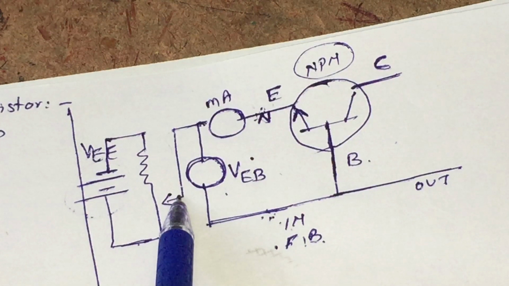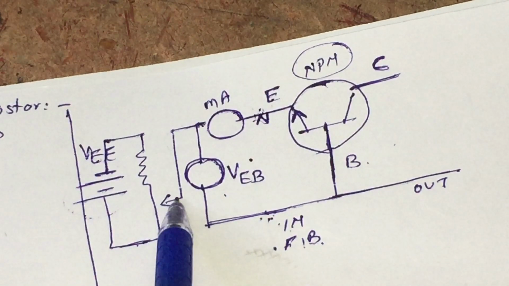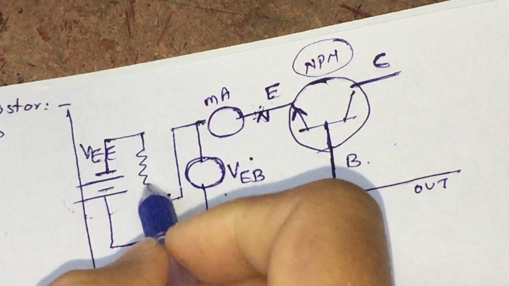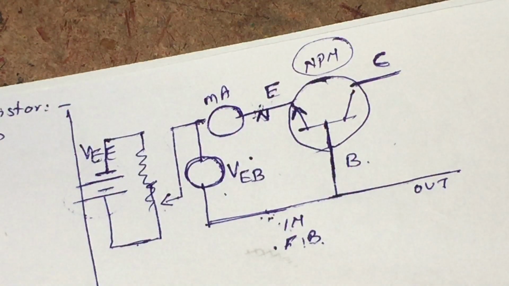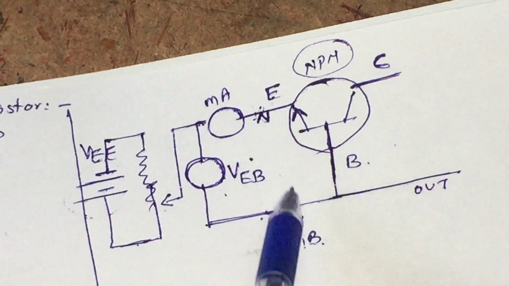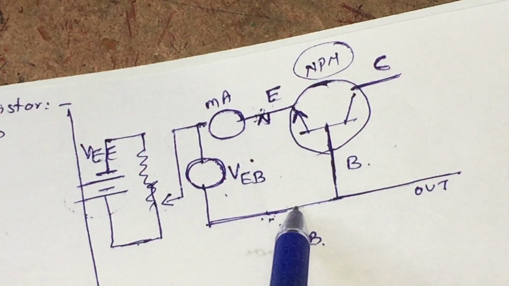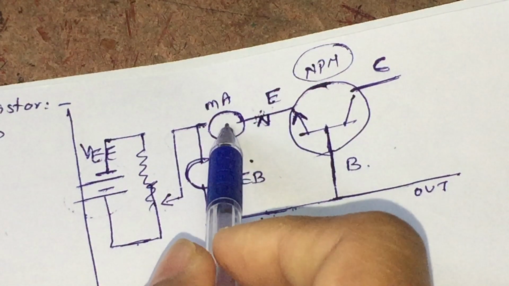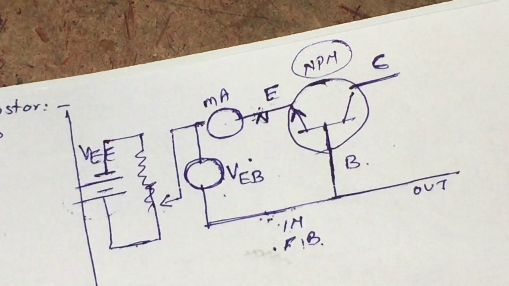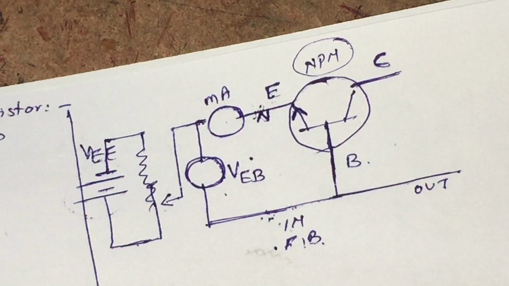Now we can make our voltage 0 volt, 1 volt, 2 volt as we move this key towards the upper part of our rheostat. This voltmeter gives the input voltage, that is the voltage between the emitter and base region, and this ammeter gives us the input current, and input current is our emitter current, and the arrow is showing the direction of the emitter current.